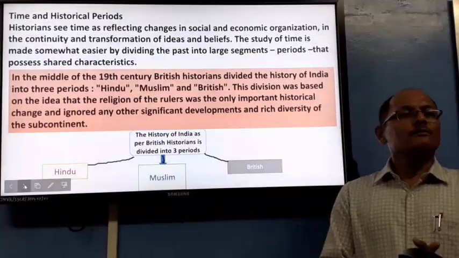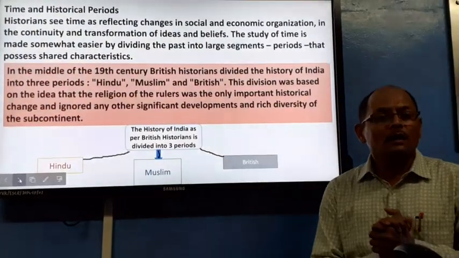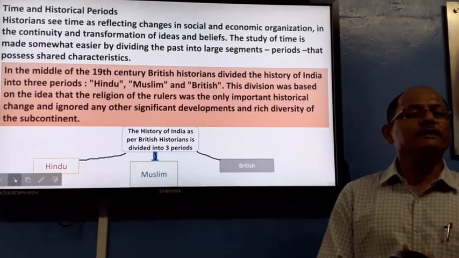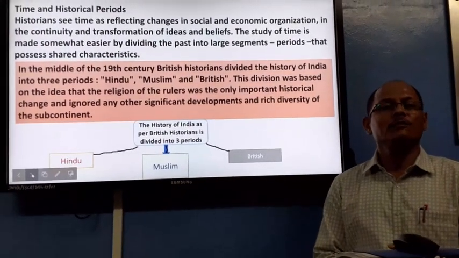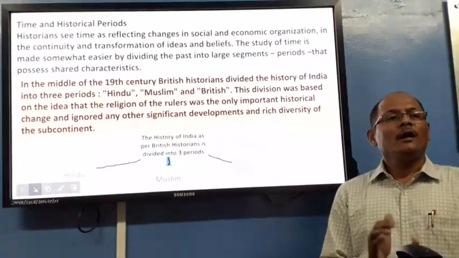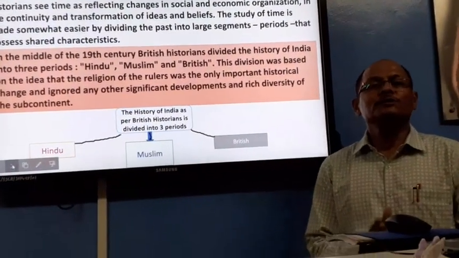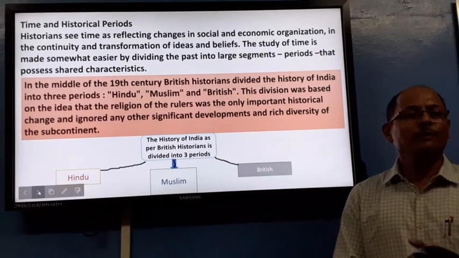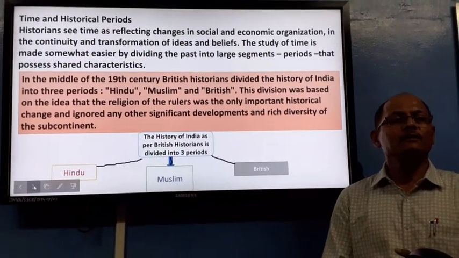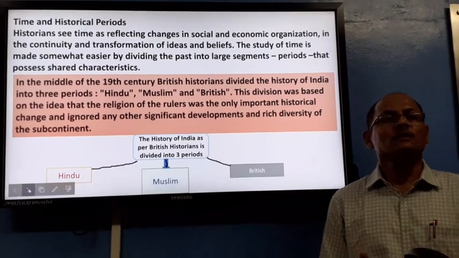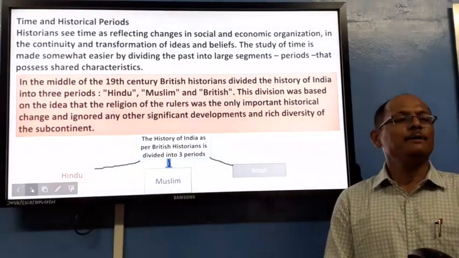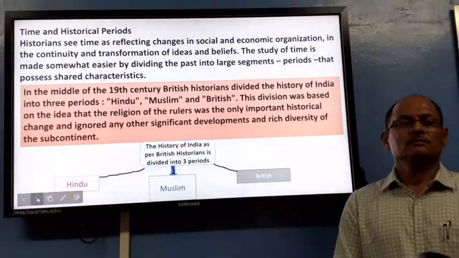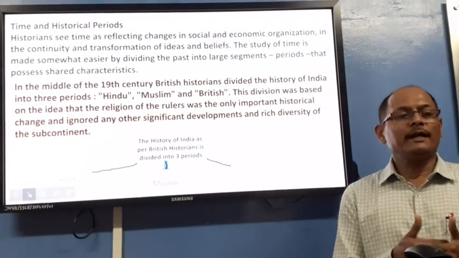But when we talk of time with the historical perspective, historians see time as reflecting changes in social and economic organizations, in the continuation and transformation of ideas and beliefs. The study of time is made somewhat easier by dividing the past into large segments, that is periods that possess shared characteristics.